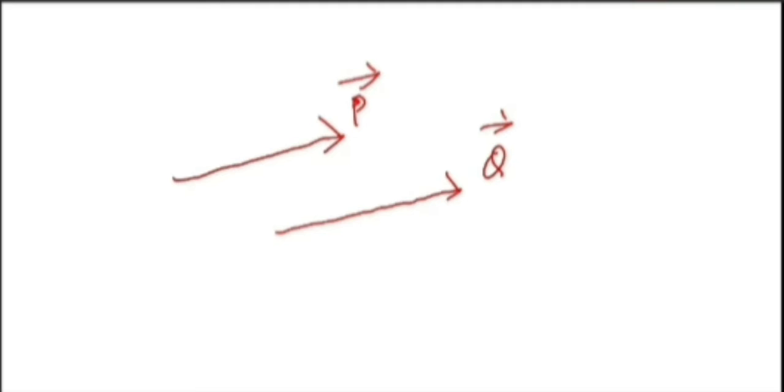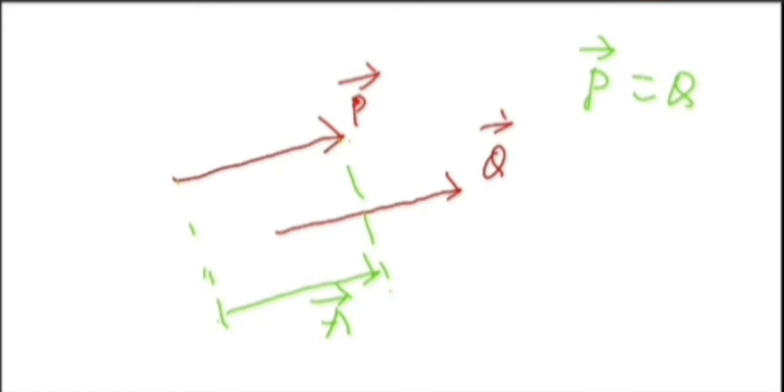Both vectors have the same direction, that means they are parallel to each other, and have the same magnitude, that means the length of vector p is equal to the length of vector q, so vector p can be written as vector q. Another vector is also parallel and has the same magnitude as vectors p and q. So all three vectors are equal vectors.